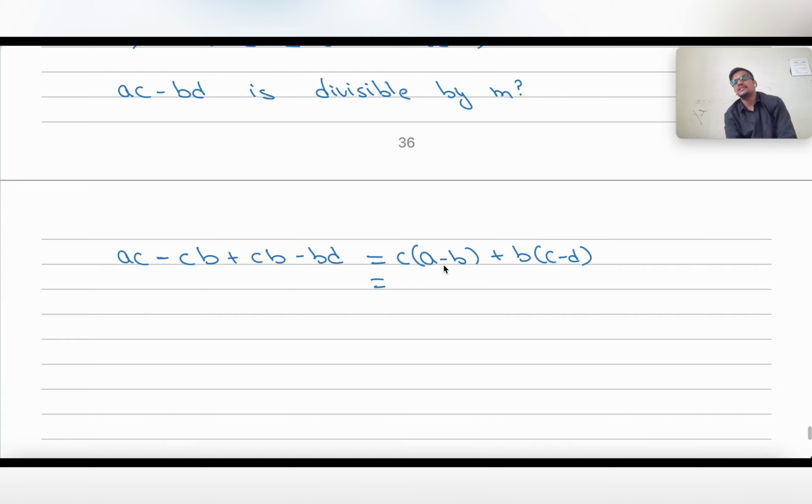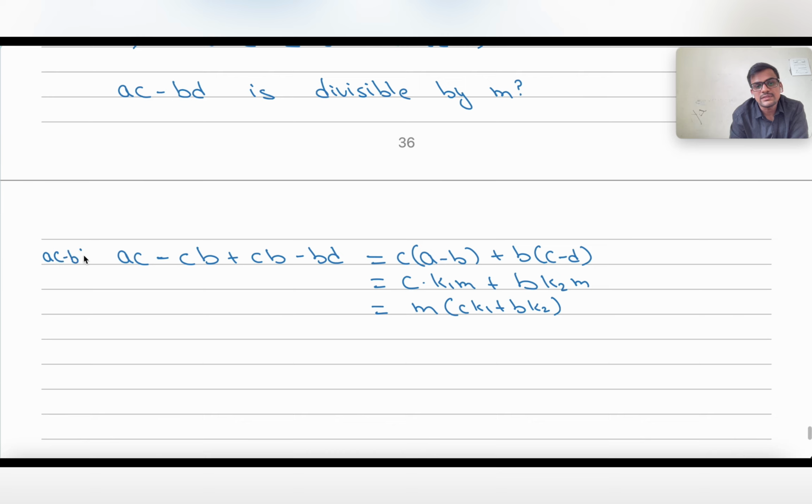Now A minus B is divisible by M, so it can be written as C k1 M plus B k2 M, and taking M common, M times (C k1 plus B k2). It means AC minus BD is equal to M times some integer. So M divides AC minus BD, and this implies AC is congruent to BD modulo M. So these are the second properties.